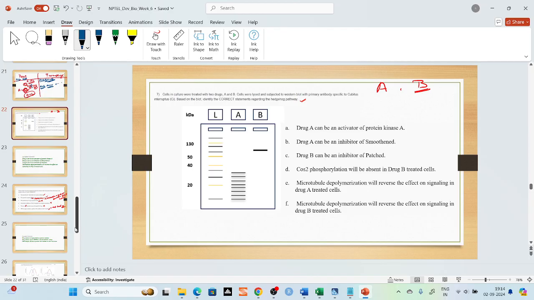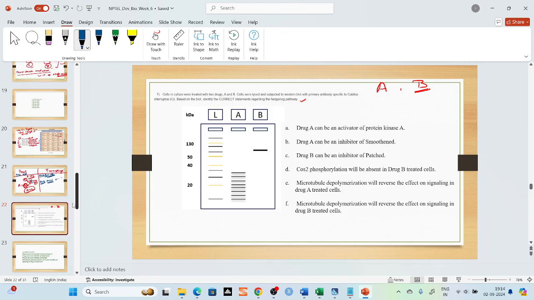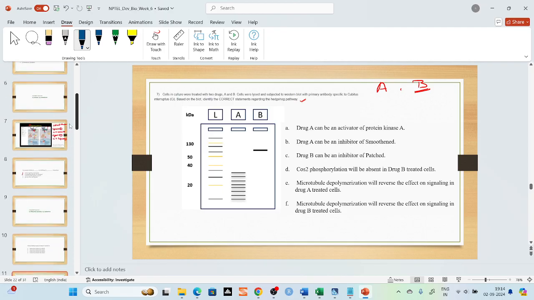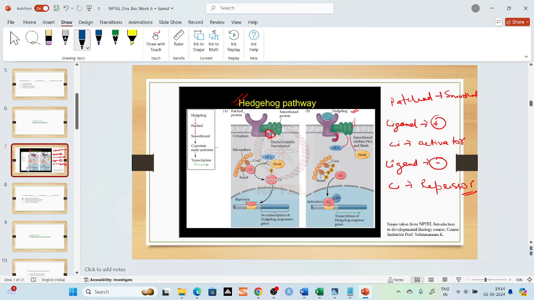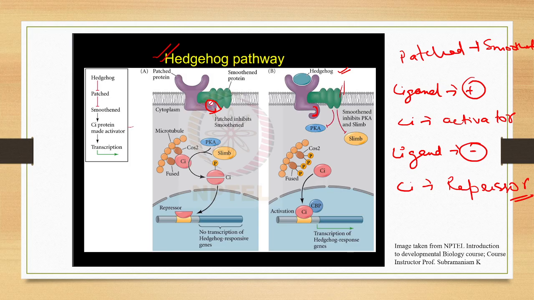Before going to this question, let us very quickly try to revise this Hedgehog pathway. Important things that we need to remember in this pathway is that cubitus interruptus, which is your CI, is a key transcription factor in the Hedgehog pathway.